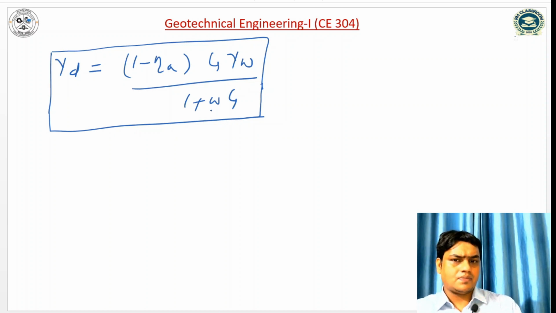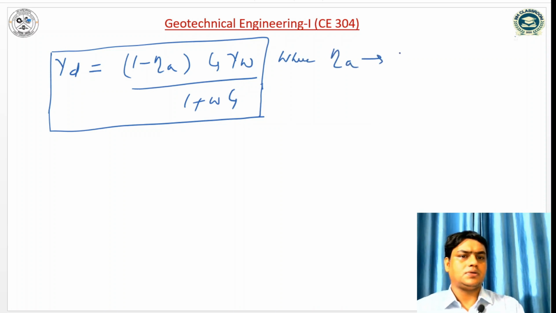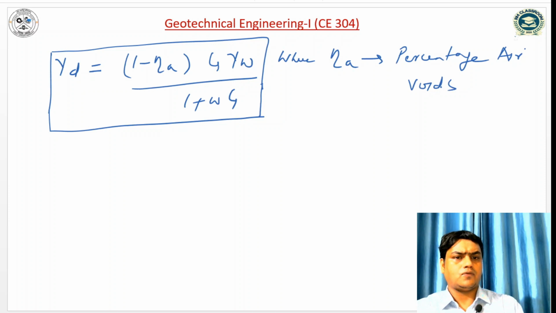If I will write Gm, then it will be different from G, because Gm is the mass specific gravity and G or Gs is the specific gravity of solid. So where na is the already discussed percentage air voids, w is the water content, and rest of the things I know.